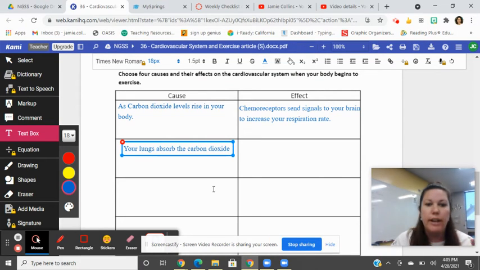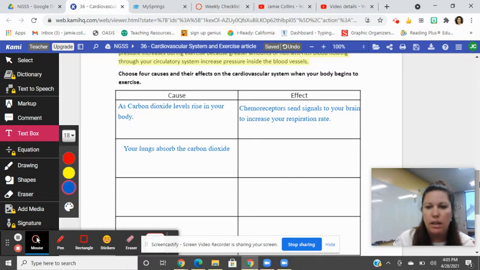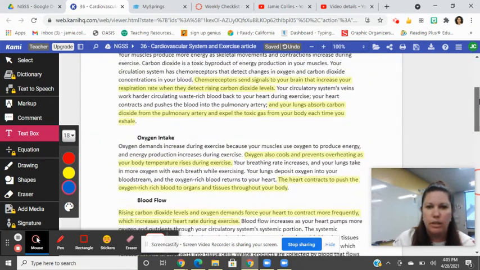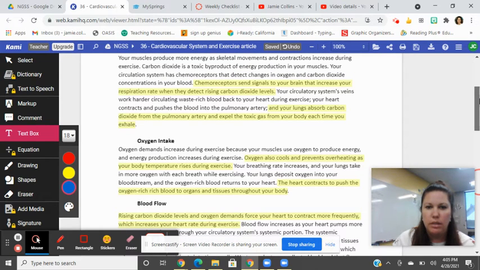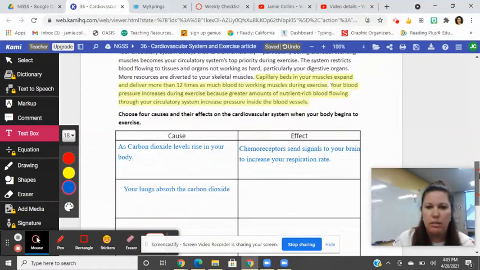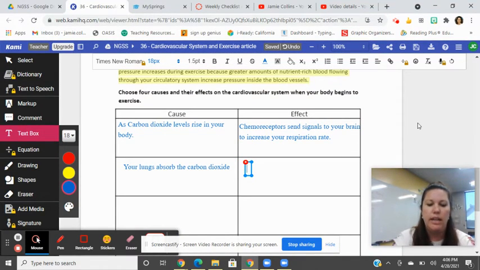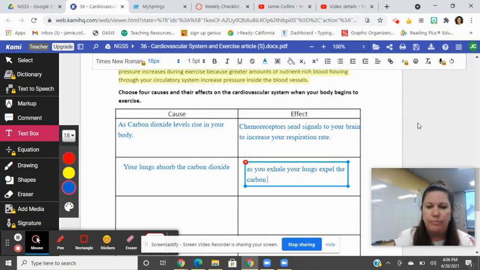And what is the effect of absorbing the carbon dioxide? Then your lungs expel the toxic gas every time you exhale. So after it absorbs, the effect is that as you exhale, your lungs expel the carbon dioxide.